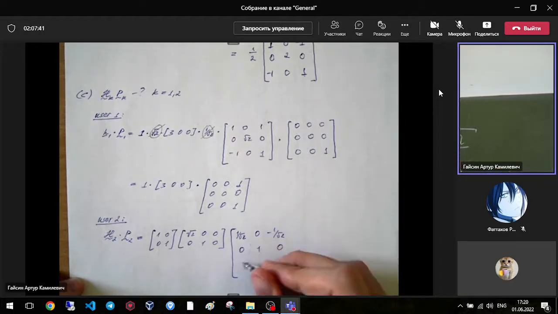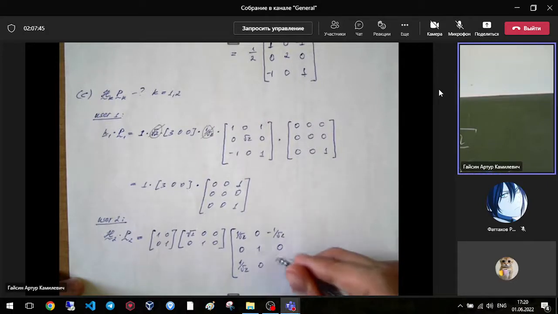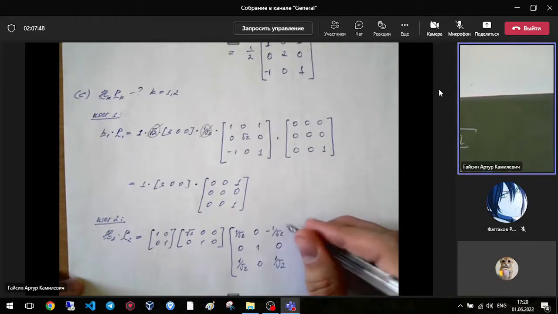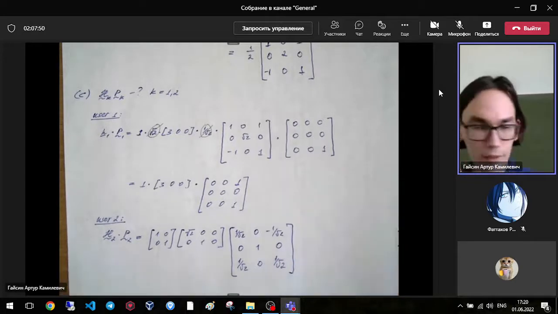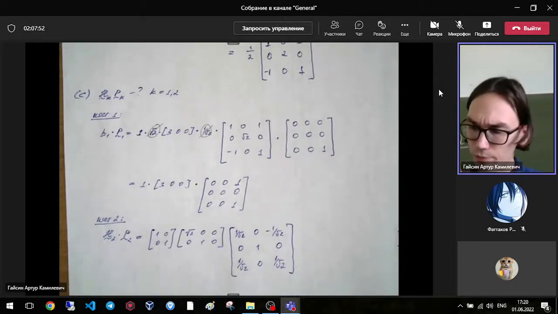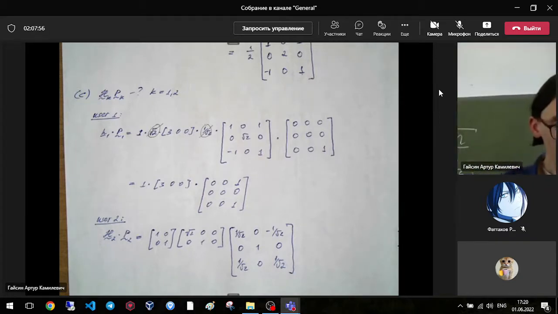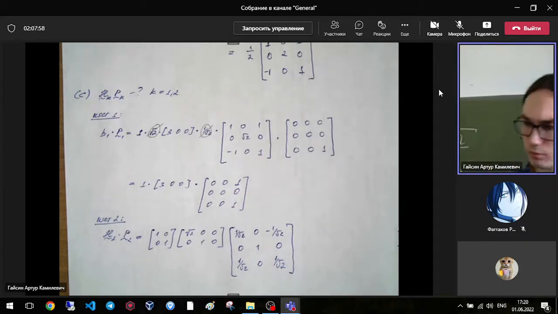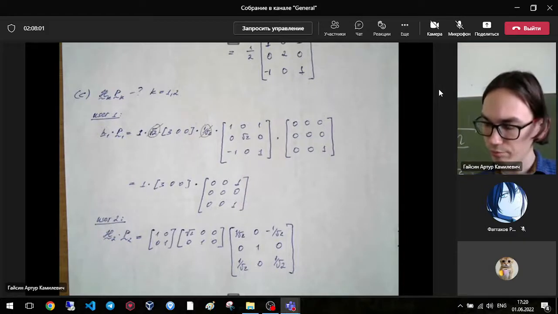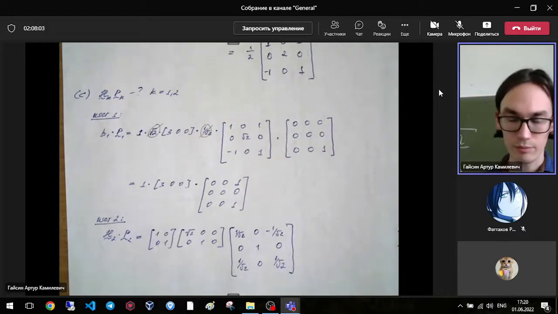And the last thing here, 1 divided by square root of 2, 0, and 1 divided by square root of 2. Maybe I will recalculate this thing also for our task and show you in the next lecture on Monday.